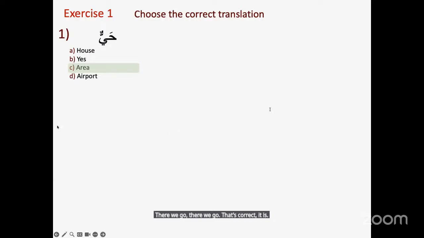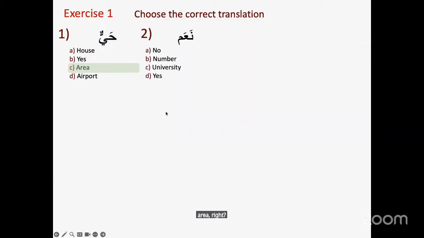It is area, right? Okay. What about the word na'am? Here we go.